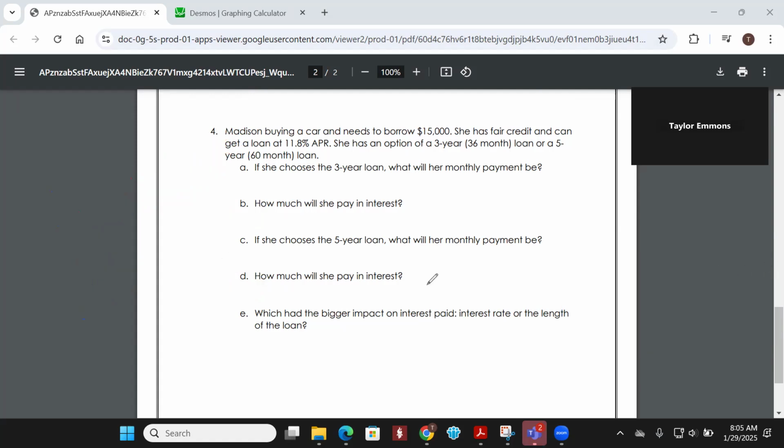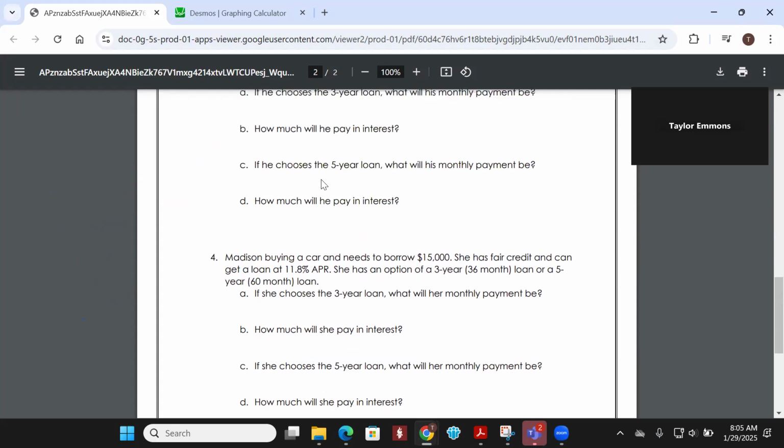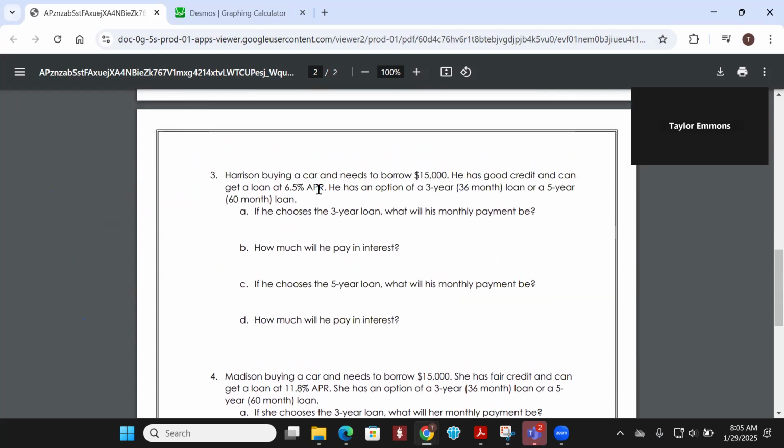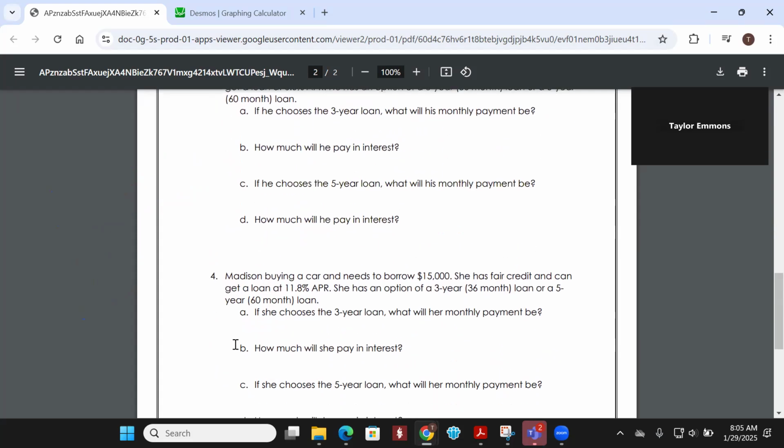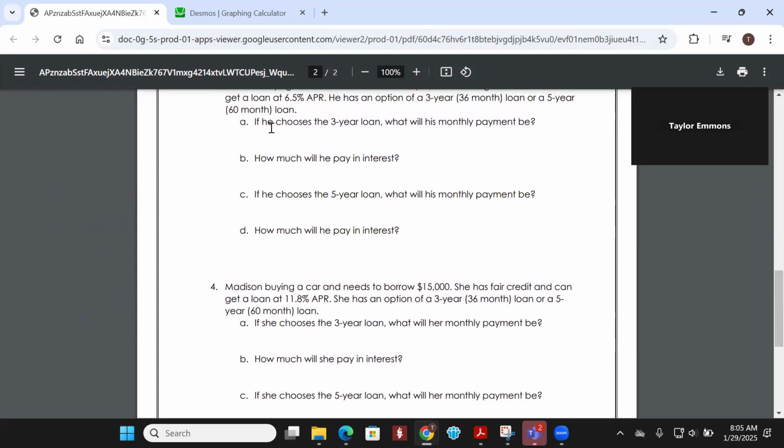Okay, what am I asking for you to do? I'm asking you to look at the difference when you change the interest rate. So when we went from 6.5% to all of a sudden 11.8%, how much was your interest here on B? Look back at the answer on B. It was 1550.64.